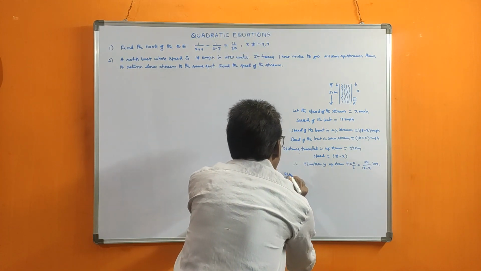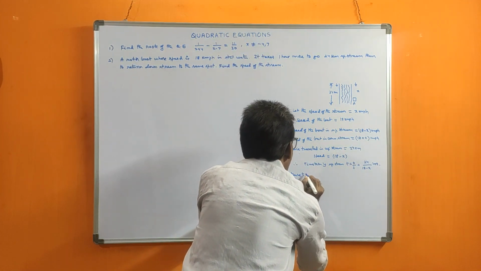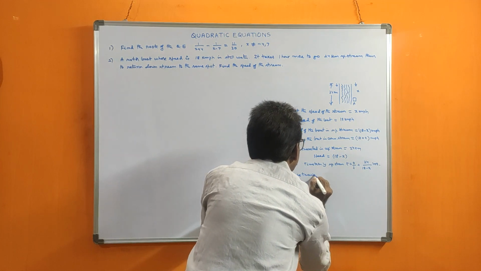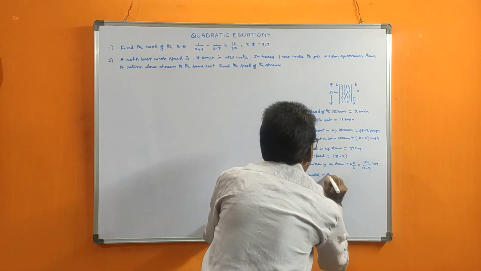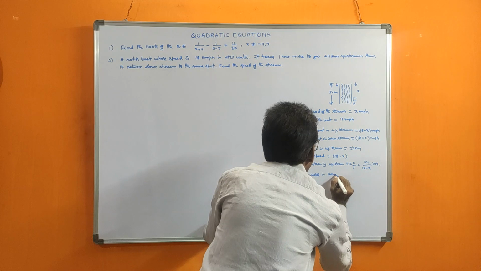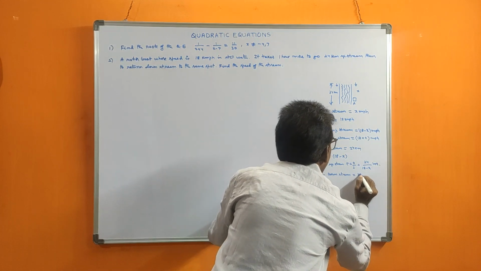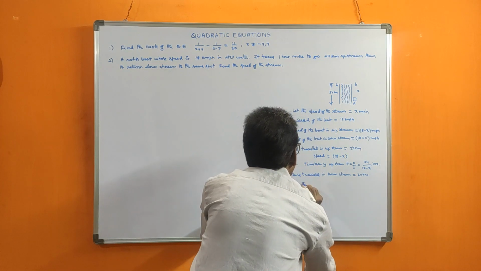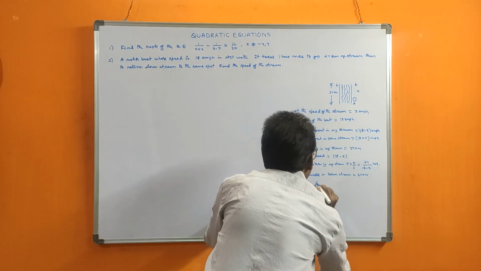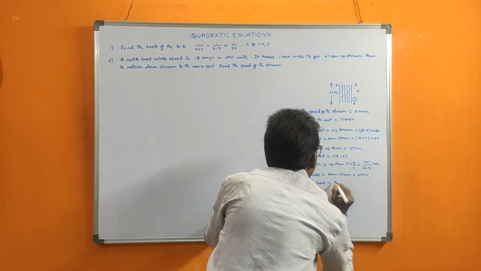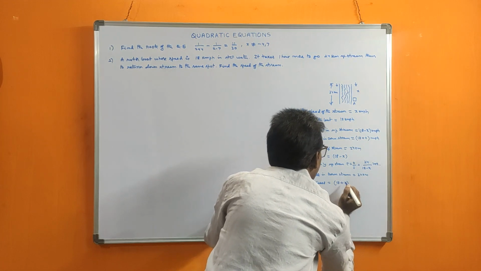In the same way, distance traveled downstream is 24 kilometers. So speed downstream is 18 plus x.